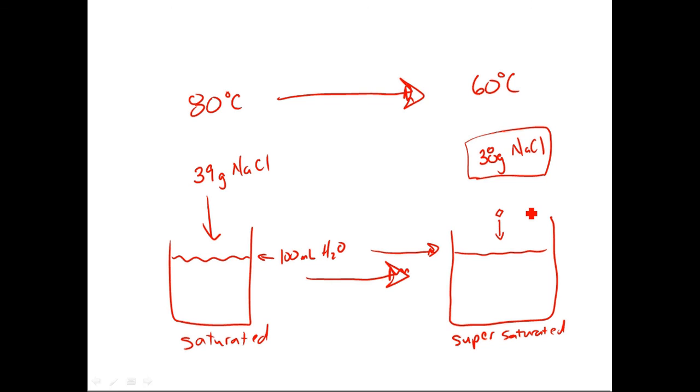So the question becomes, how much would crystallize so that it's not supersaturated? Well, the math problem looks something like this. 39 minus 38 grams. 1 gram cannot be held. So what's going to happen is I'm going to wind up with salt crystals that equal exactly 1 gram.